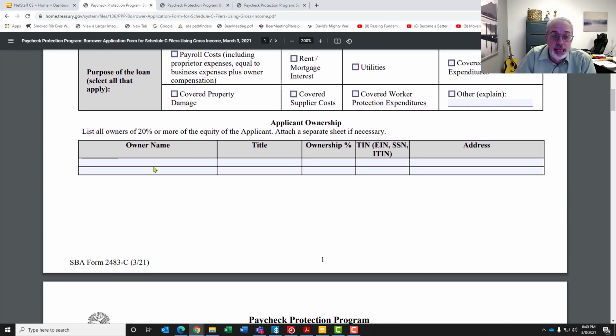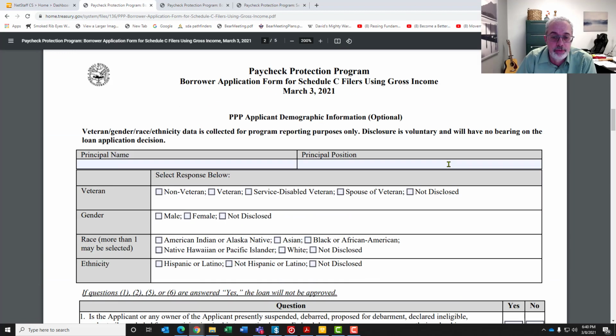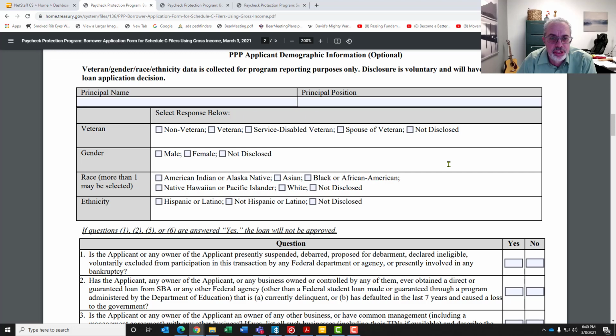From there, any owners with more than 20% ownership, this part's self-explanatory. Owner name, title. I will say if it's an LLC, the title is member. Otherwise, it's probably going to be owner or whatever you call yourself. Social security number and address. Then we get down to this section. When we get down to this section, this area is voluntary.